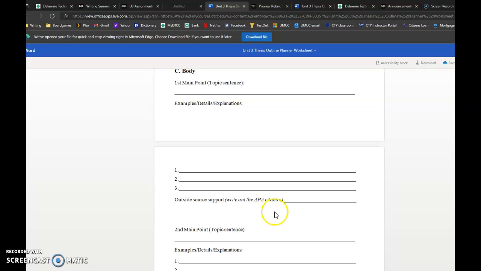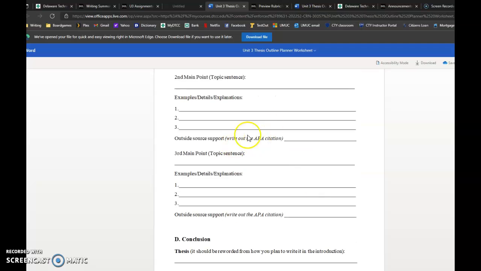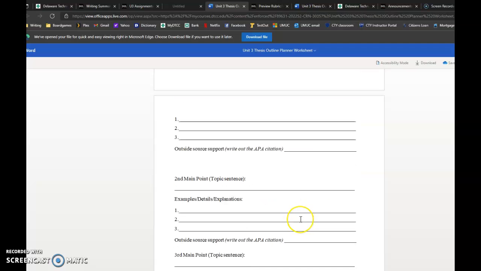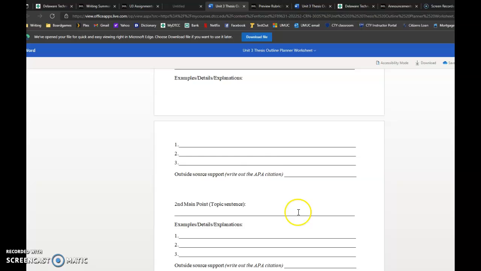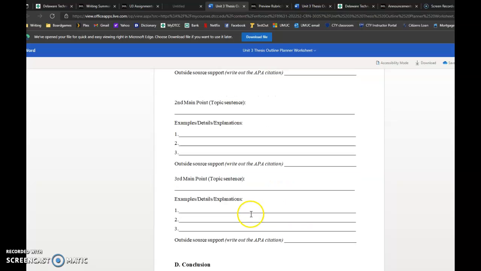And what I would like you to write here is a little bit about how you're going to incorporate your outside source, your reading three, and then just include the APA citation so that I know that you're talking about that outside source, which is reading three. You'll see there's a place for it in each of the paragraphs. I actually don't mind if you can't work it into every single paragraph.